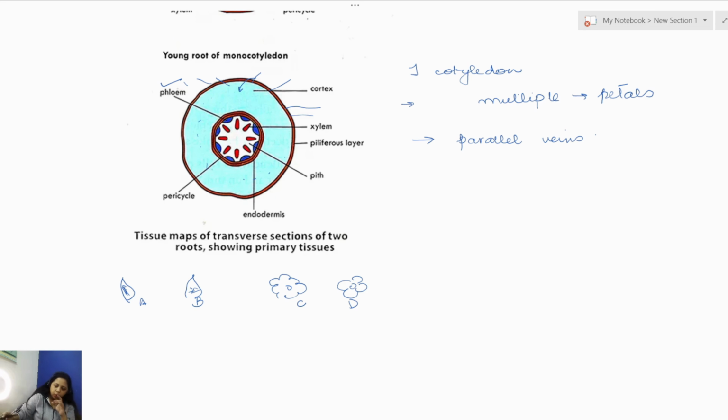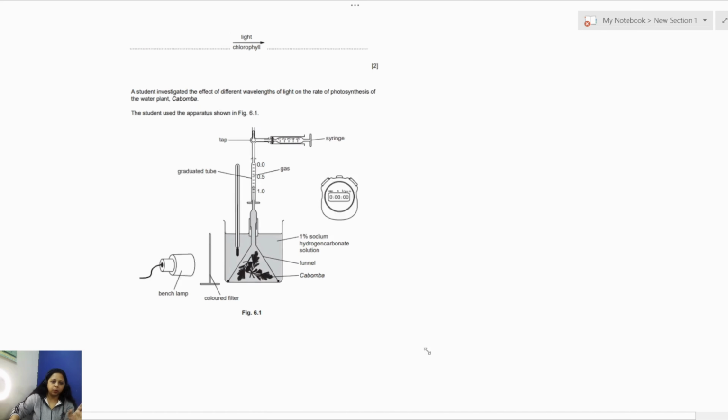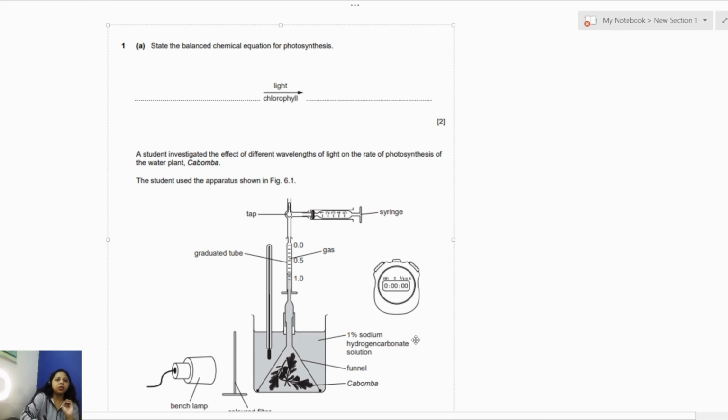Right now we will be discussing the limiting reactants. I have a question for you. Let's copy this question because this one is important. We have an experiment, because this chapter is really important with respect to ATP as well. First of all, the question is: state the balanced chemical equation.